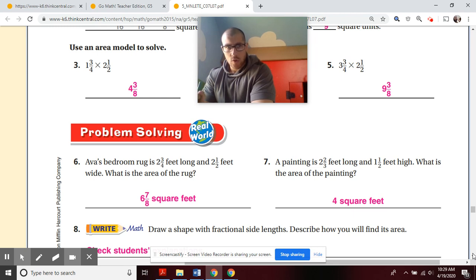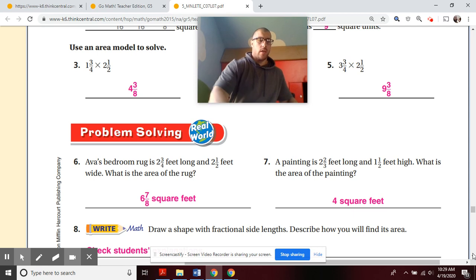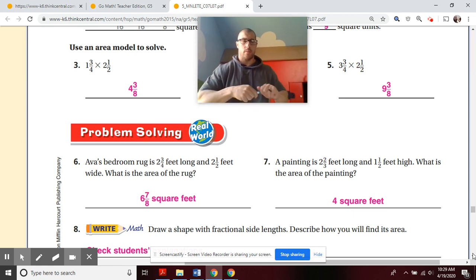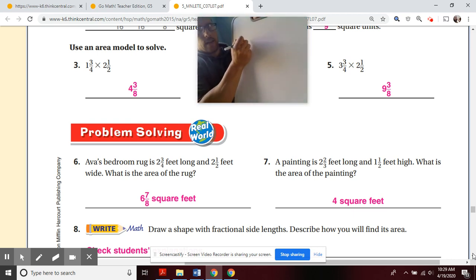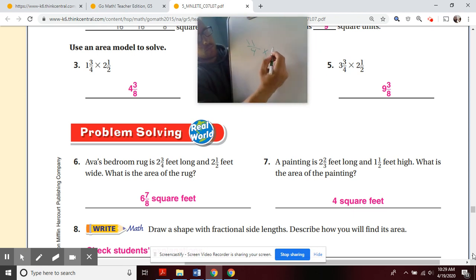Okay, let's just change 2 3/4 to an improper fraction. 4 times 2 is 8. Plus 3 is 11. 2 1/2. 2 times 2 is 4. Plus 1 is 5.